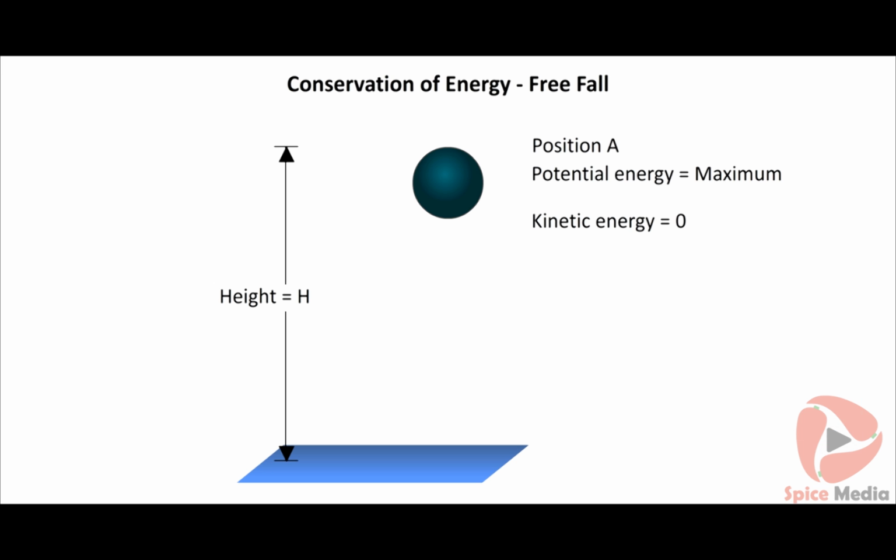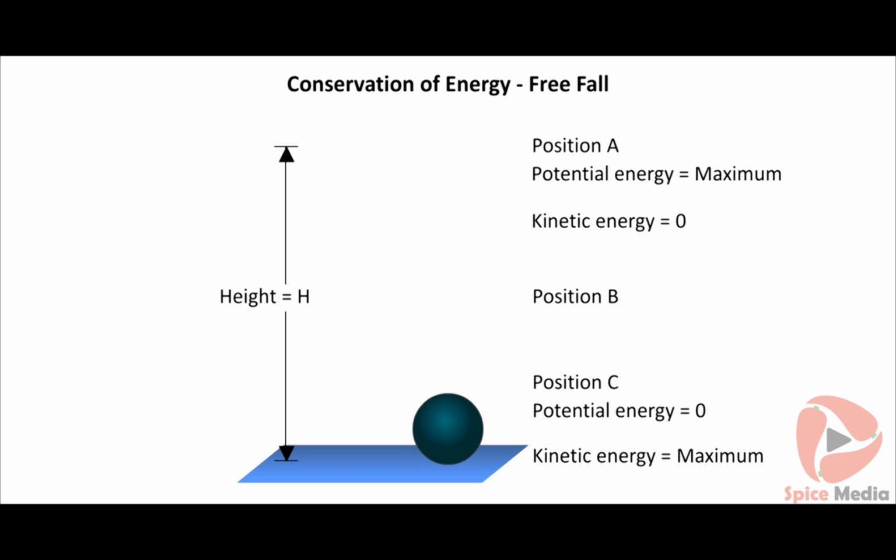When you keep a ball at certain height, due to its position, it gets potential energy. There it has potential energy alone. As you drop the ball, it moves with increase in velocity due to gravity. The stored potential energy is transformed to kinetic energy at every point of the fall.